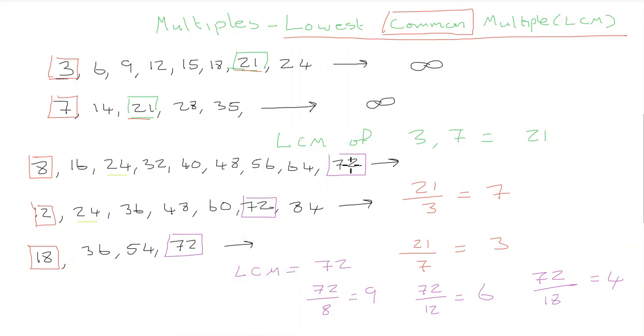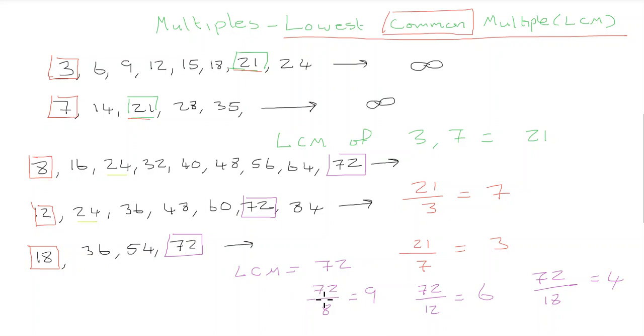So again, with these multiples as well, the starting off number will divide in evenly into these numbers. So the lowest common multiple of 8, 12, and 18 is 72. So that's what we mean by lowest common multiple.